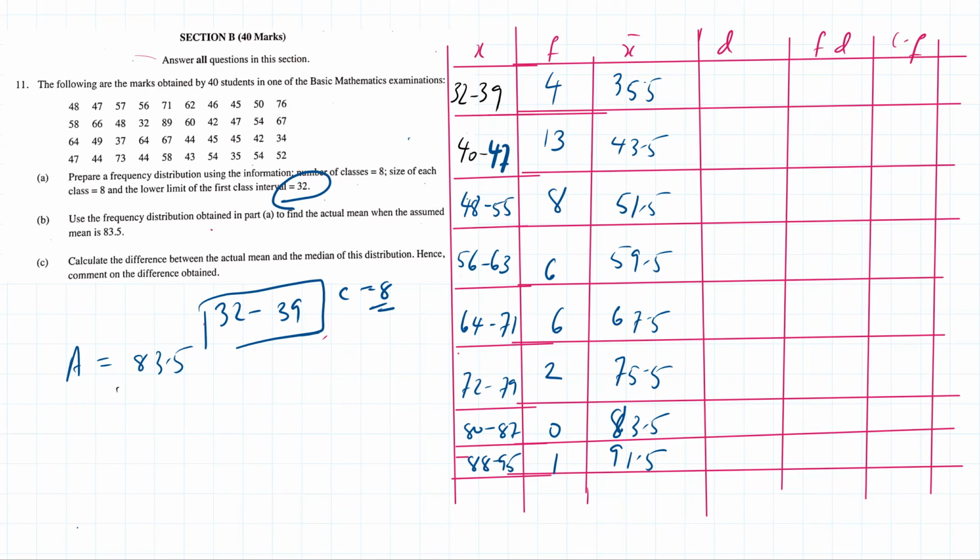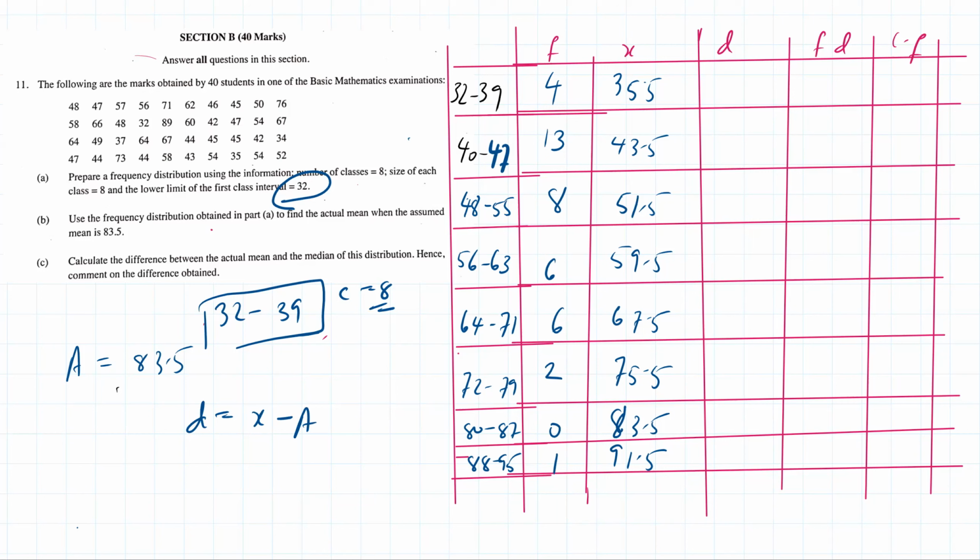Because we have assumed the mean is 83.5, you have to know the deviation. The deviation is xc minus the assumed mean. But xc here, we are talking of this x here, okay?